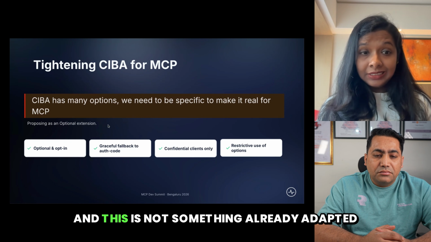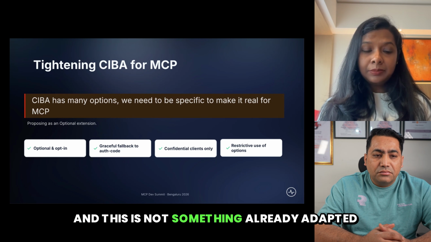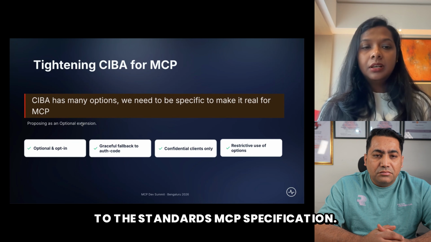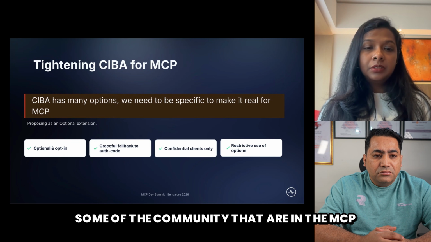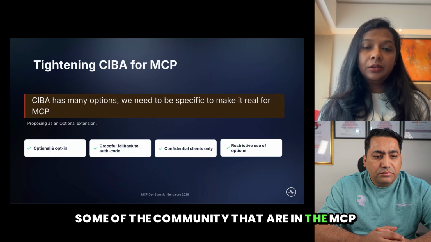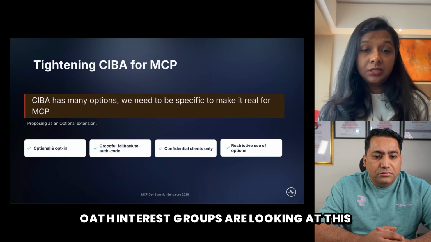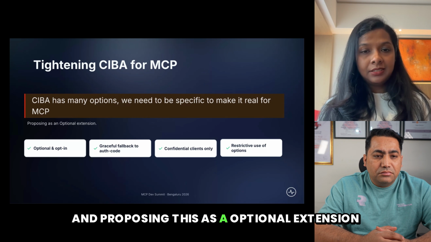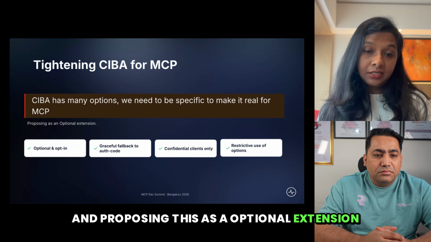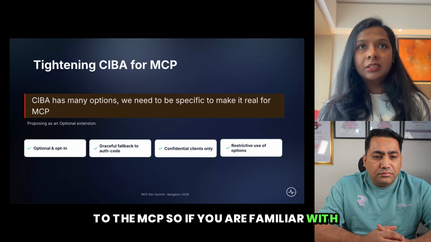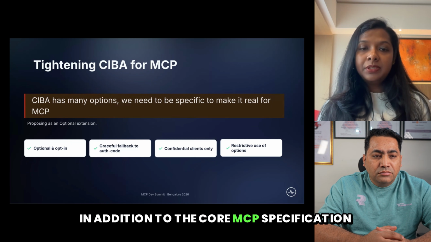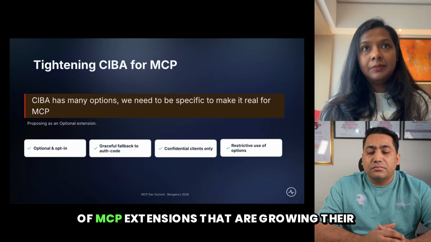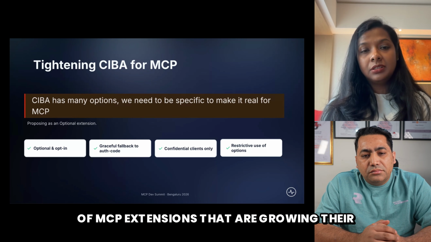And this is not something already adopted into the standard MCP specification. Some of the community in the MCP auth interest groups are looking at this and proposing it as an optional extension to MCP. If you're familiar with it, in addition to the core MCP specification, there are now several MCP extensions that are growing their own.